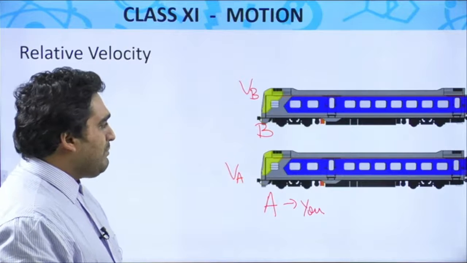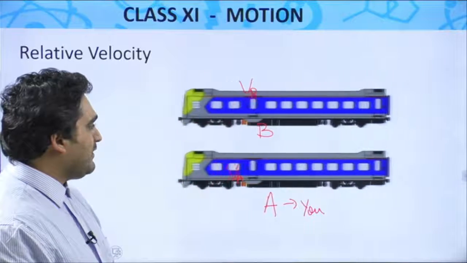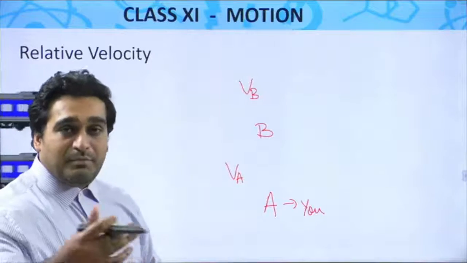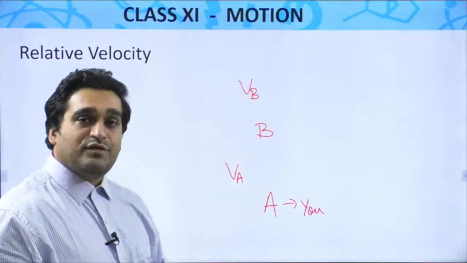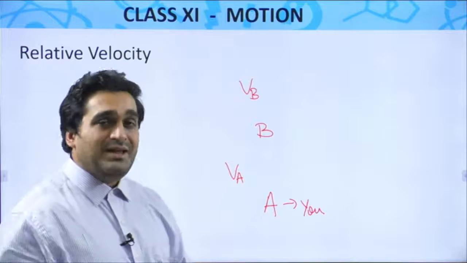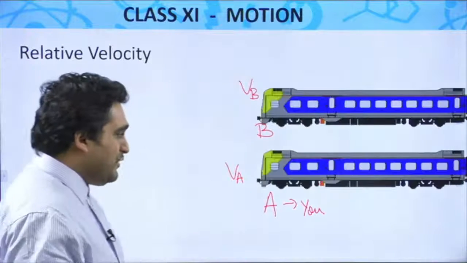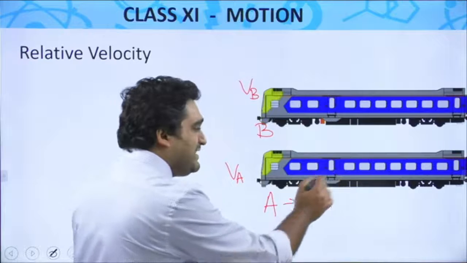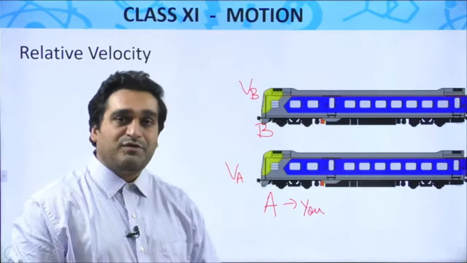So let's see what happens when these two trains displace. And you see, from a perspective that is outside, the two trains moved at the same time, meaning that the velocities were the same. But for you as an observer sitting inside a train, how does train B appear to be moving?